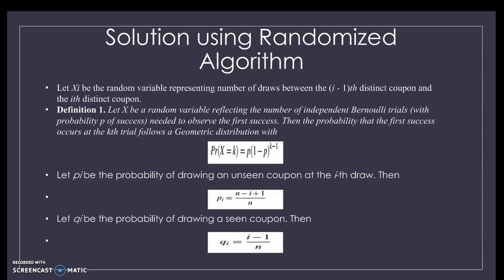So what is the solution for this problem? For the solution, we will use a randomized algorithm, which has several steps to get the number of times we need to complete the set. So first, let Xi be the random variable representing the number of draws between the i minus 1 distinct coupon and the i distinct coupon.